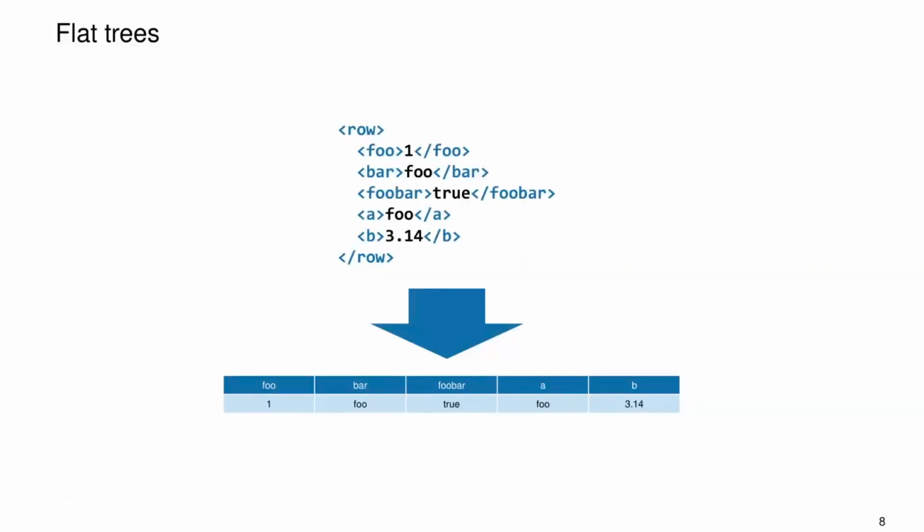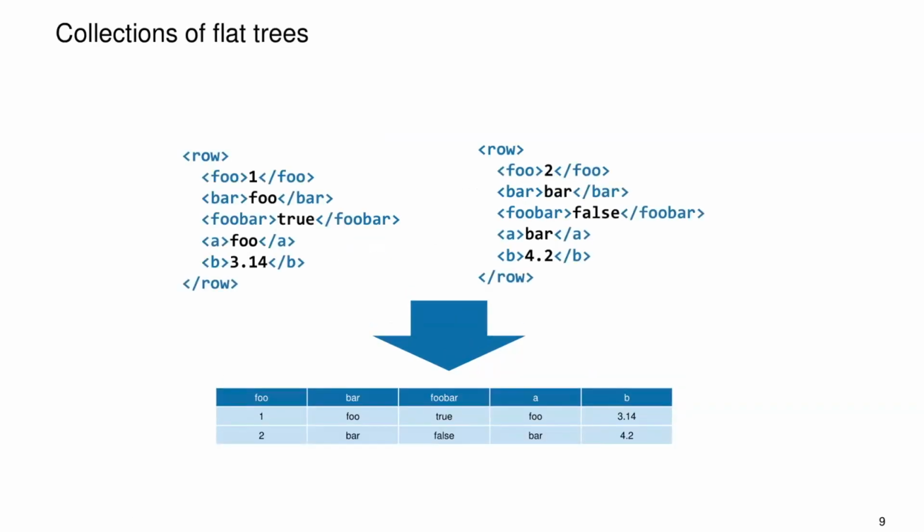You can do the same with XML, right? There are simple cases that would be the equivalent in XML. This you can map to a tabular record, right? Then things might become more complex when you have several objects or several XML elements. It still works if the elements or the objects have the same schema.